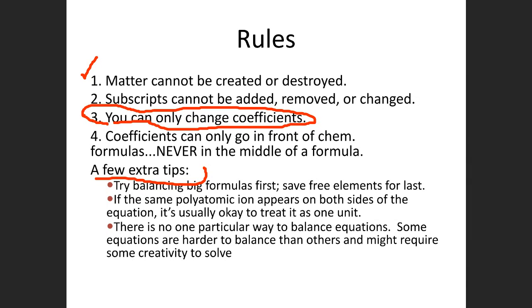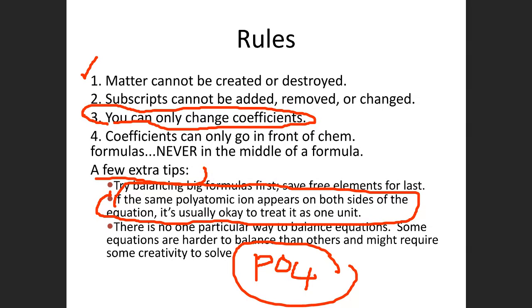If the same polyatomic ion appears on both sides of the equation, it is usually okay to treat it as one unit. Yeah, this one we will be coming to. What I want to show you something. Let's see the phosphate group, polyatomic ion or group, whatever. So you have phosphate on the left side. Don't mind the writing, okay? It's very difficult to write with the mouse. And on the right side you also have phosphate, but maybe the metal is different from the left and right side.